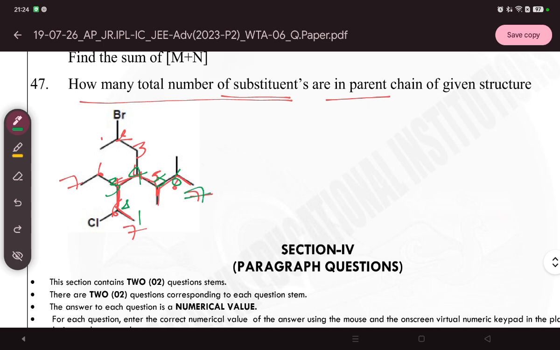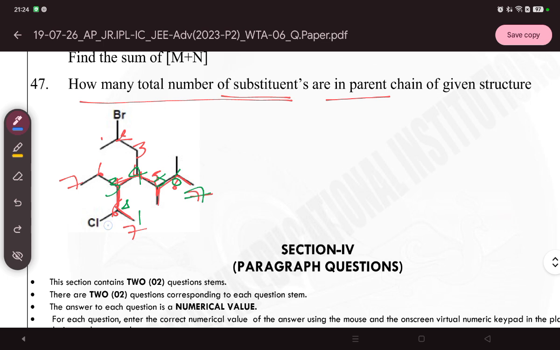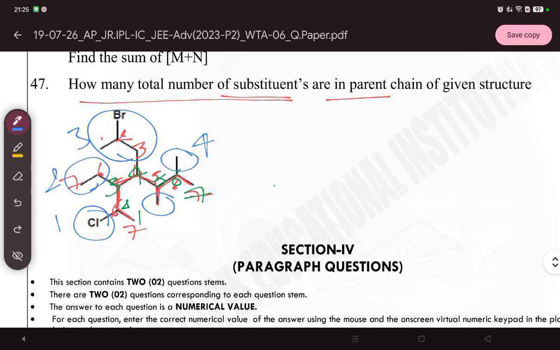To this root word, one of the side chains is chloro and another one is ethyl, and the next side chain is propyl, 2 bromo, and there is a methyl at 5th position and a methyl at 6th position. Totally 4 substitutions are presented.